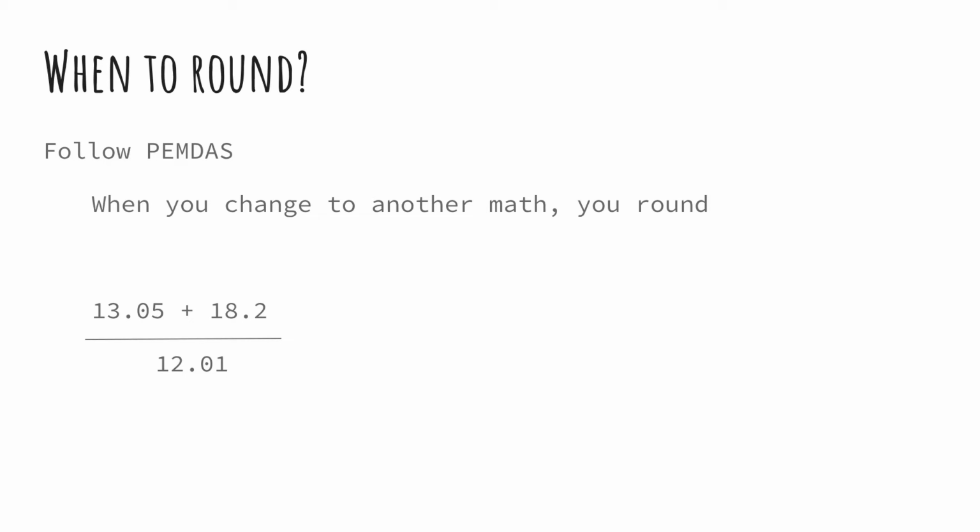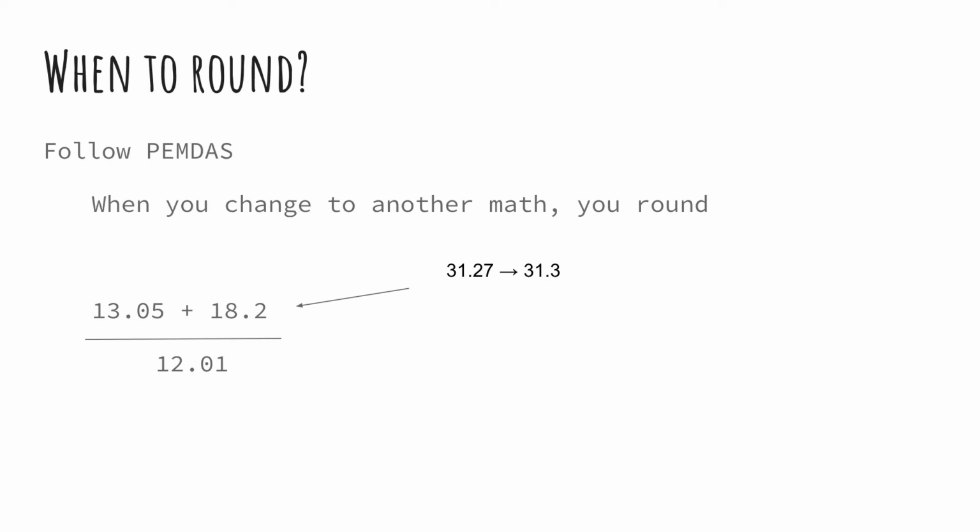So here we have a complex fraction: 13.05 plus 18.2 all over 12.01. That is an addition problem followed by a division problem. So you're going to do the addition first. 18.2 plus 13.05.